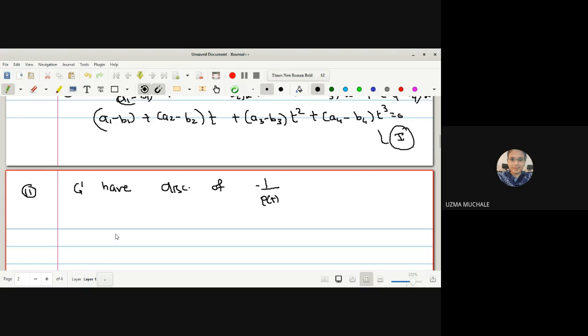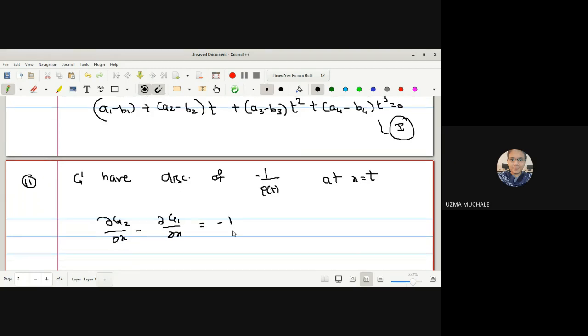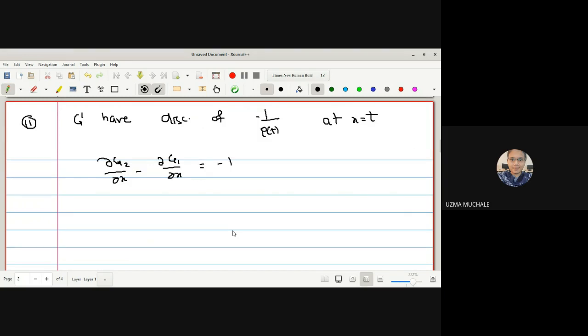And hence we can write, now here we have to differentiate G2 with respect to x minus G1 with respect to x. G dash has discontinuity of this order at x equal to t. So simply I will write it as minus 1, since we know the value of p of t. What is p of t? It is the coefficient of the highest order derivative.